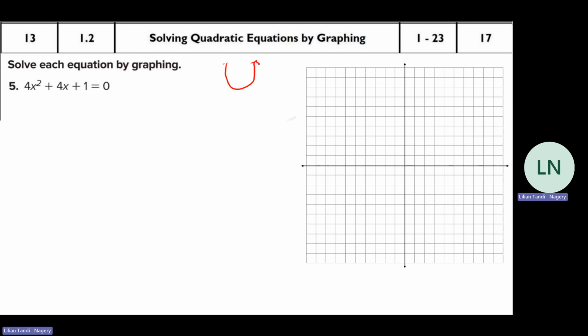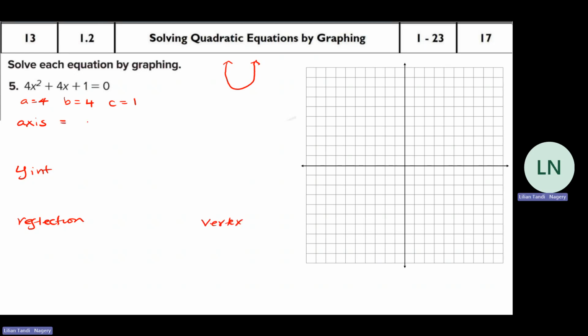My A is 4, my B is 4, my C is 1. Axis, y-intercept, reflection, vertex.